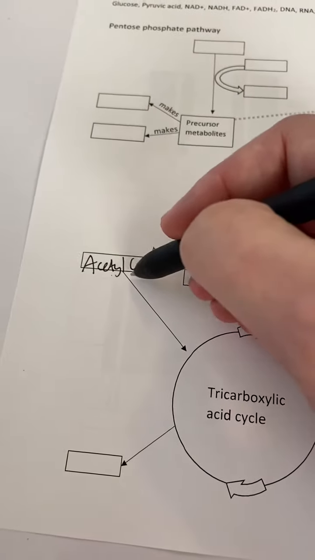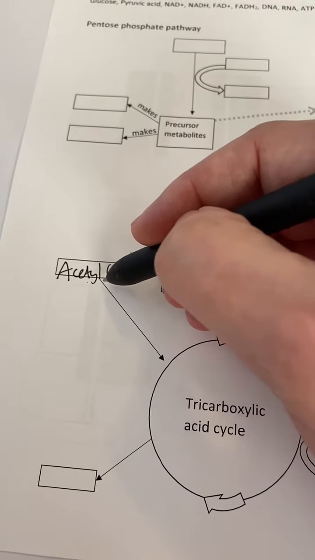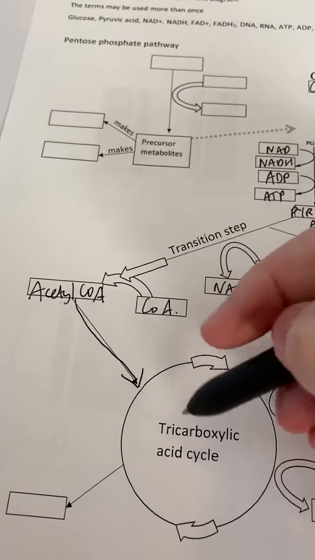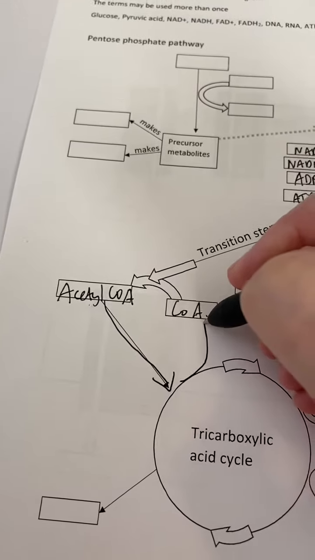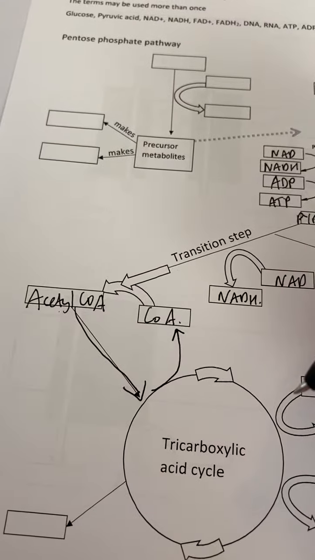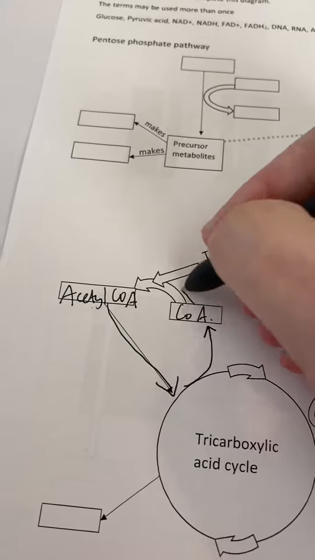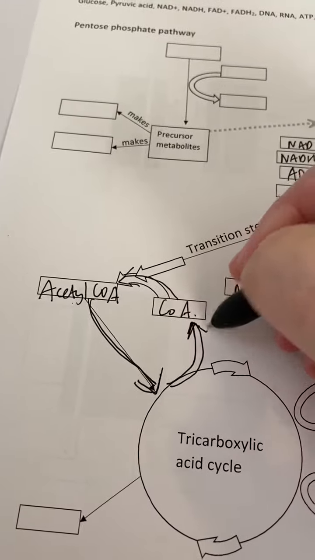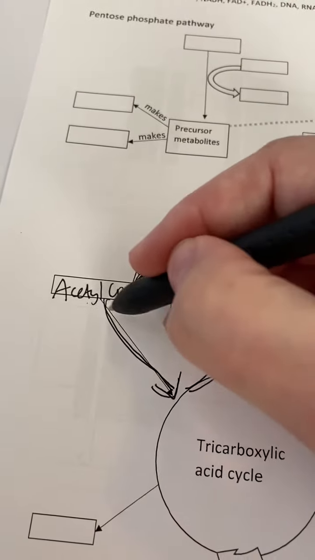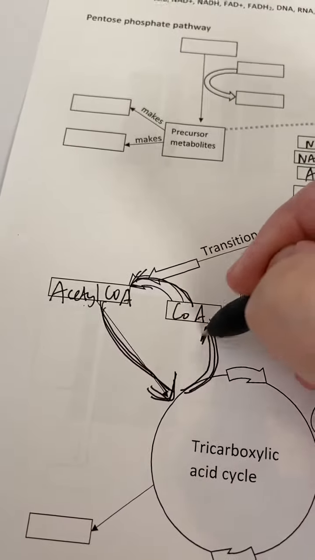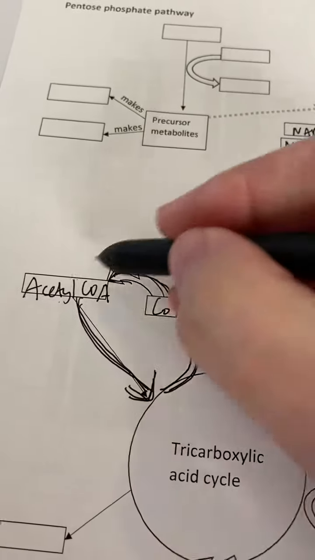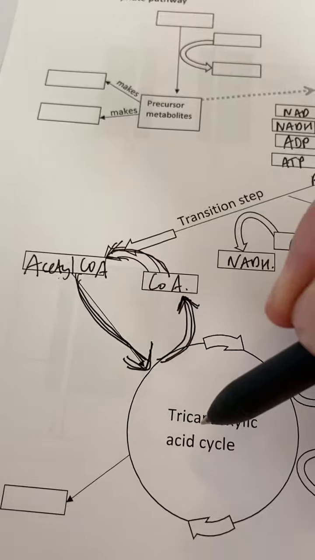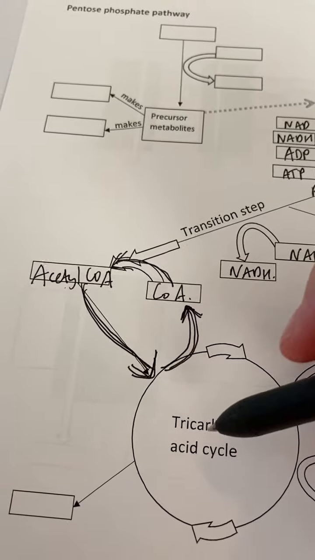So CoA comes in, makes acetyl-CoA, brings that molecule into the tricarboxylic acid cycle, and then coenzyme A is regenerated. It grabs a new molecule, brings it in, is regenerated, grabs a new molecule, brings it in, and is regenerated. So coenzyme A is just there to shuttle molecules into the tricarboxylic acid cycle.